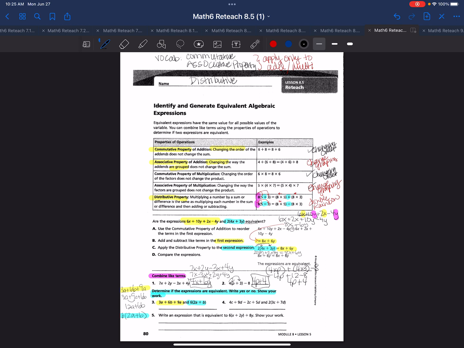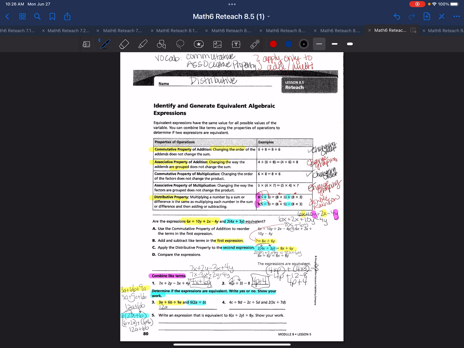So I need to use distributive property. 6 is my distributor, so 6 is going to be multiplied times 2a plus, and then 6 times b, so that I get 6 times 2 is 12a plus 6b.